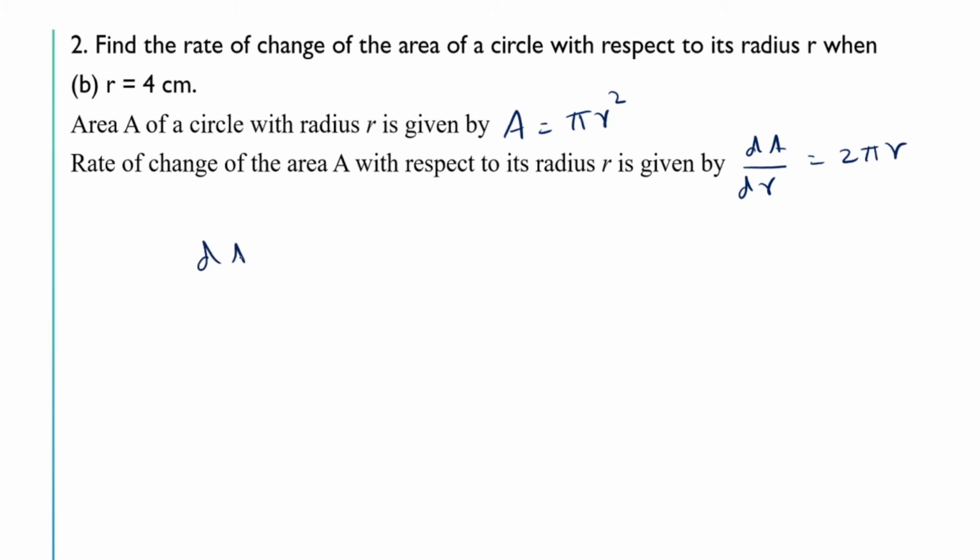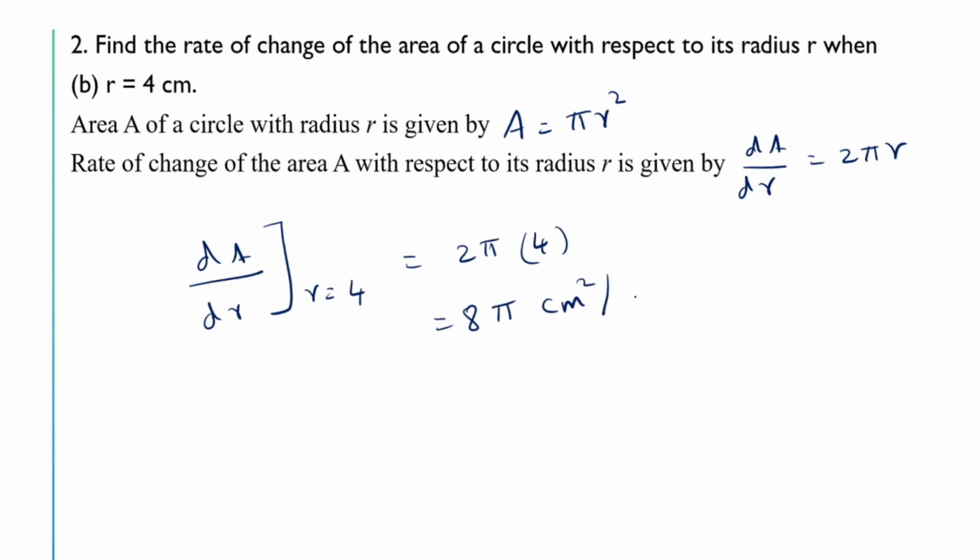Now dA by dr at r equal to 4 is 2 pi into 4, equal to 8 pi centimeter square per centimeter. So this is the rate of change of area with respect to its radius when r is 4 centimeter.